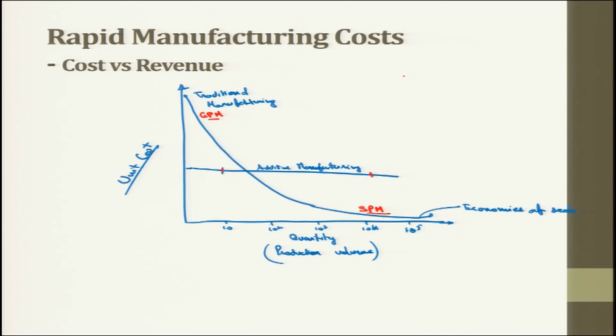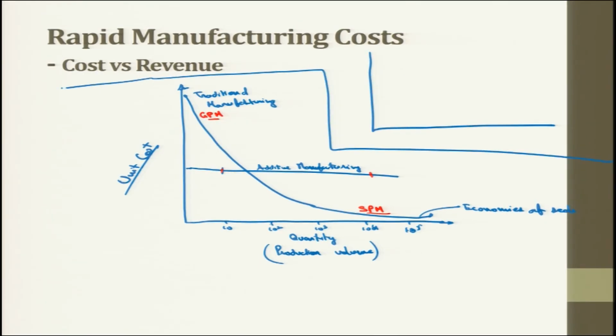If we consider the complexity of the parts, let me draw another curve here. In this case, I am calling this again unit cost, and this is complexity in design. In traditional manufacturing, the more complex the design is, the higher the cost.